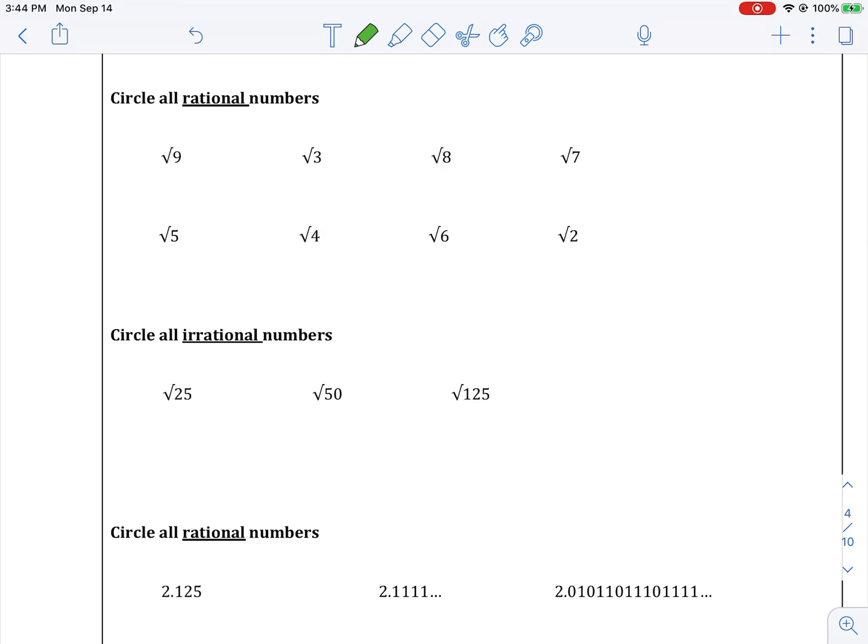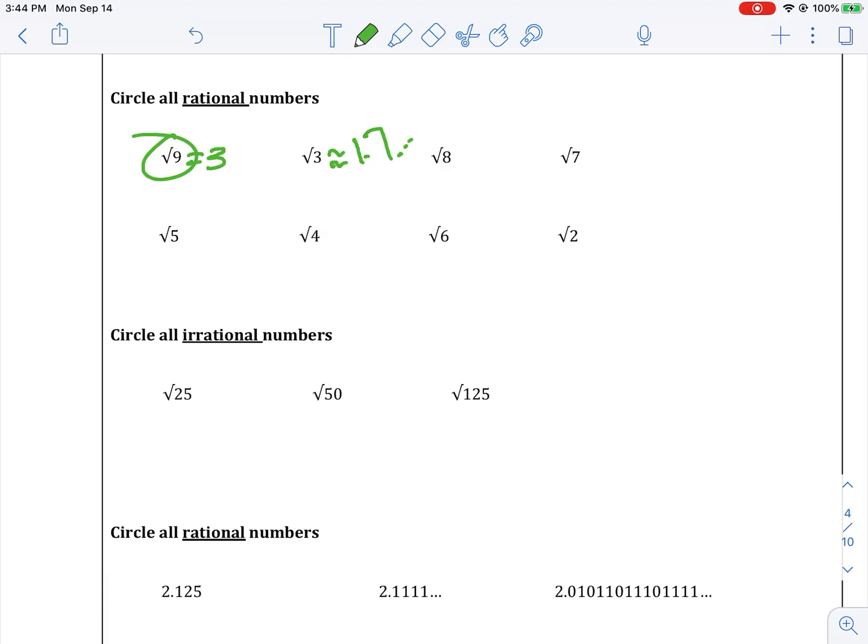Circle all rational numbers. In your calculator, if you type in the square root of 9, you get 3. That is a rational number. If you type in the square root of 3, you get about 1.7, and it goes on forever. That is irrational.